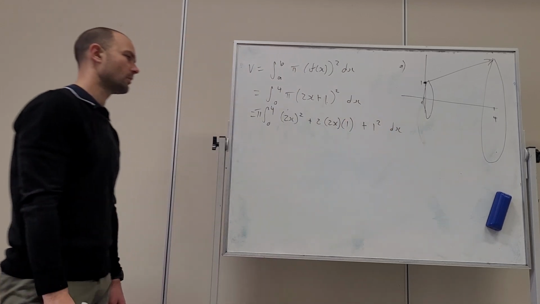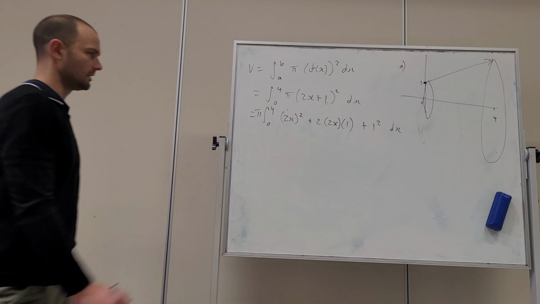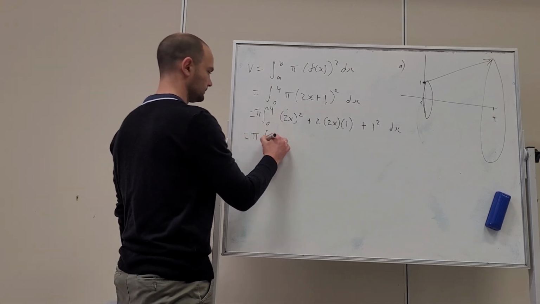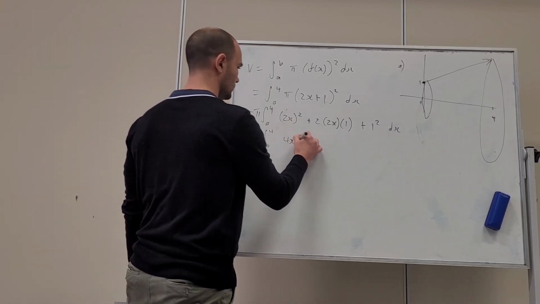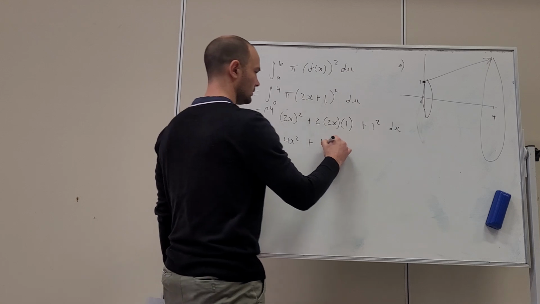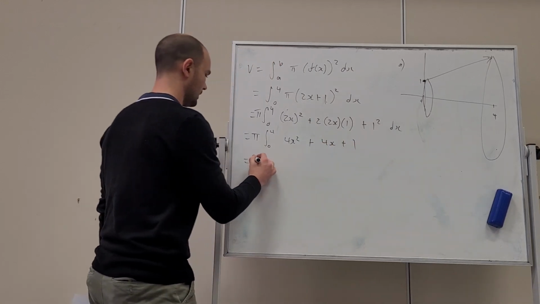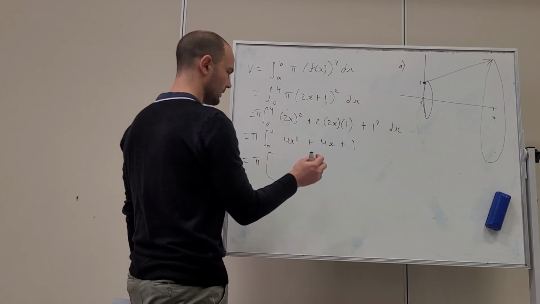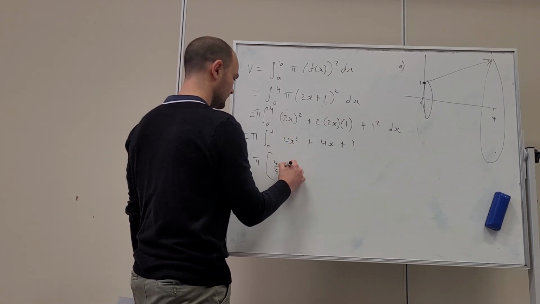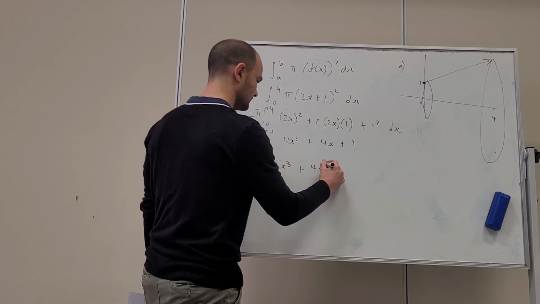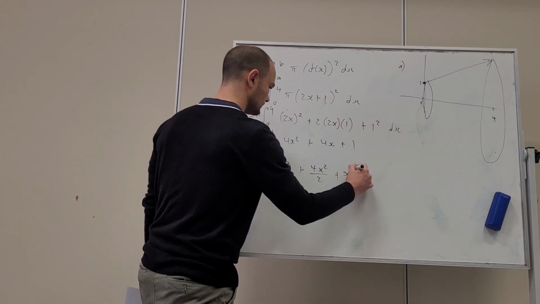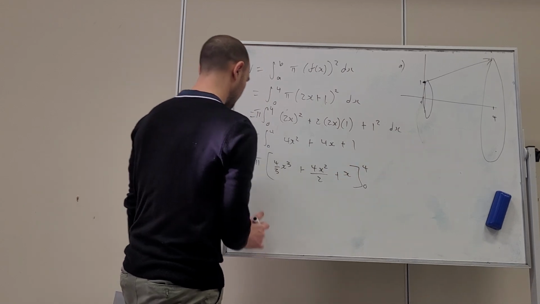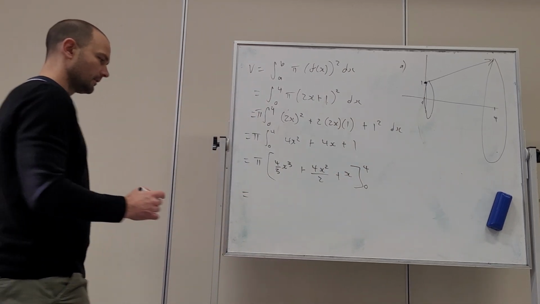Okay, that's perfect square expansion, and then you're ready to integrate step by step. Give us integral of 4x squared is going to be 4 on 3, x to the 3. Plug in the 4.